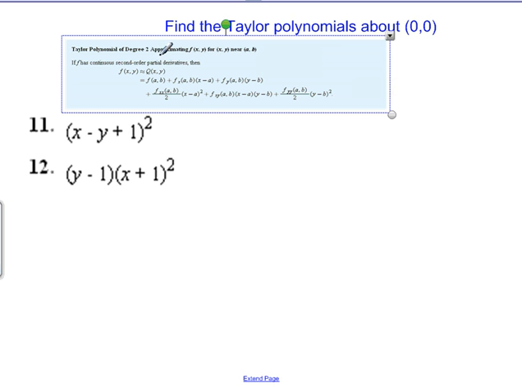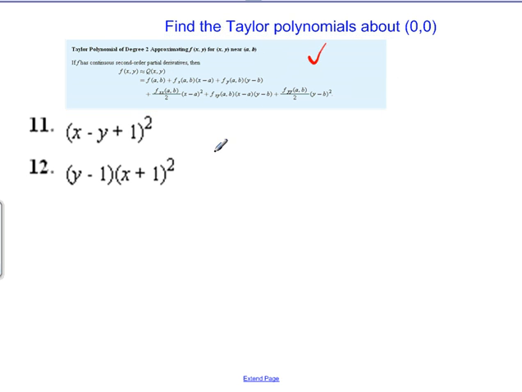Okay, so now we're going to find a Taylor polynomial of degree 2. Let's choose a point to approximate it around. Let's do it around the point 1 comma 2.